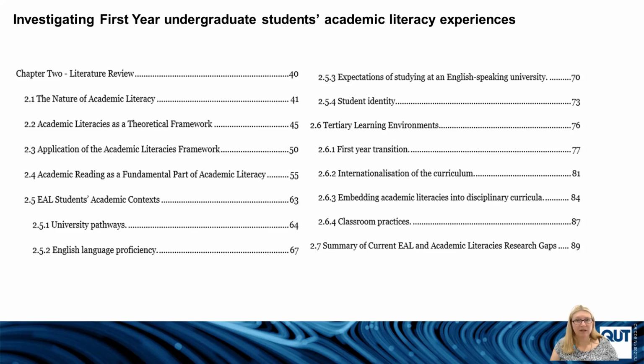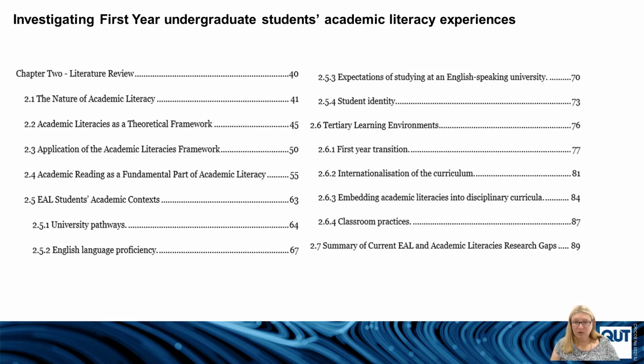So notice there, academic literacy experiences. The first thing is the nature of academic literacy. So there's a section defining the research topic, basically. And then experiences, we come down and we've got learning environments, first year. So there's something about first year transition.